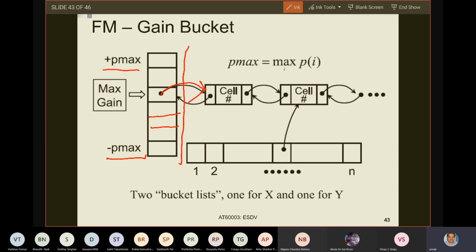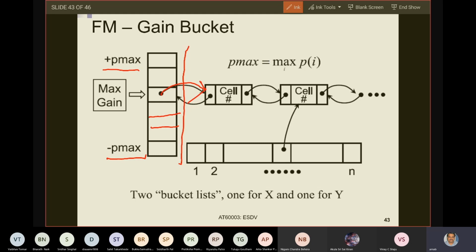This element is a pointer, because this is an array of pointers. It points to what? It points to a linked list. What does this linked list contain? It contains all those tasks which are knit together in a linked list, all of whom will produce a gain of this max gain, where max gain is the value of the index corresponding to this array element.